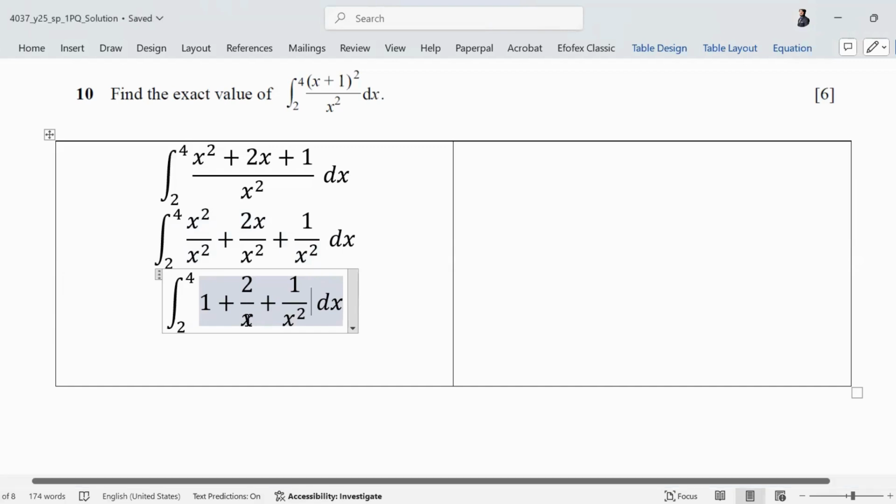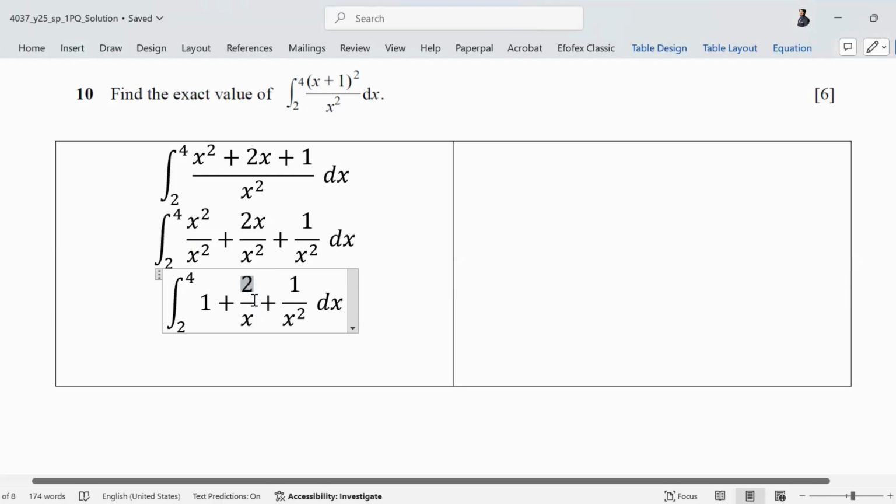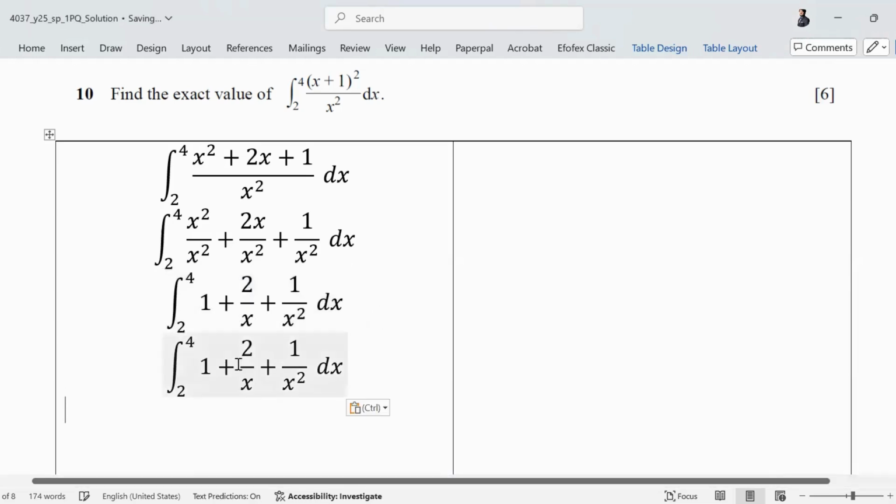We know if we have a linear function in the denominator, for example, x, and I take it up and write it as x to the power negative 1, when I want to integrate it, it will make x the power 0, and dividing by 0 will make it undefined. So this won't be integrated in the conventional way. We'll integrate it using ln. I'll write all three of them separately so that it is very clear to us.